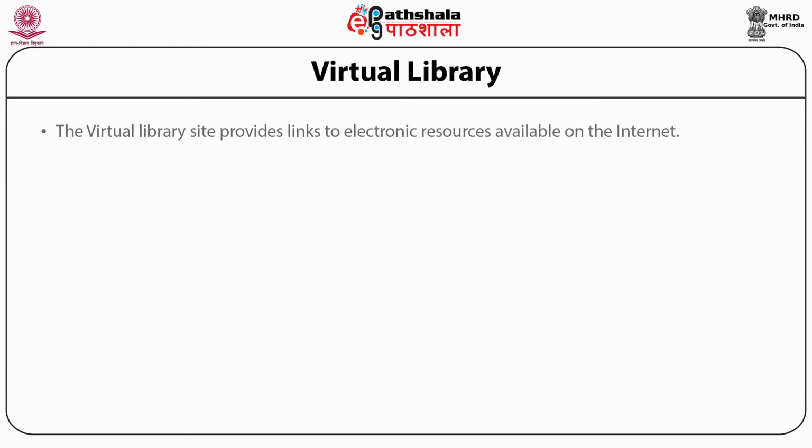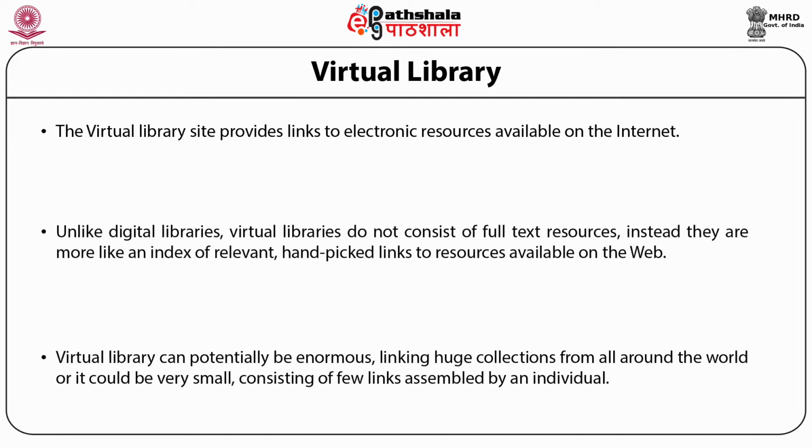The term virtual library usually refers to the meta resources or subject portals that extend virtual accessibility of digital collections from several diverse sources without the users even knowing where the resources actually reside. Unlike digital libraries, virtual libraries do not consist of full text resources.